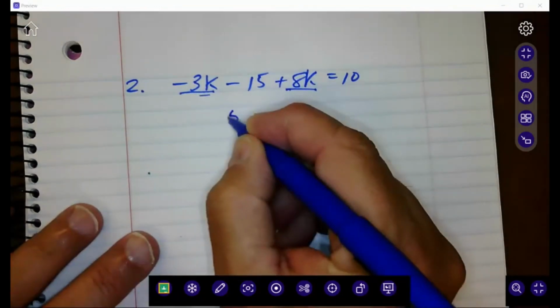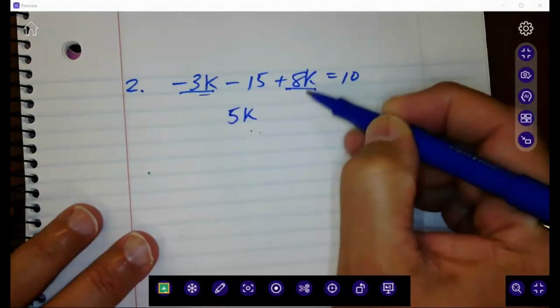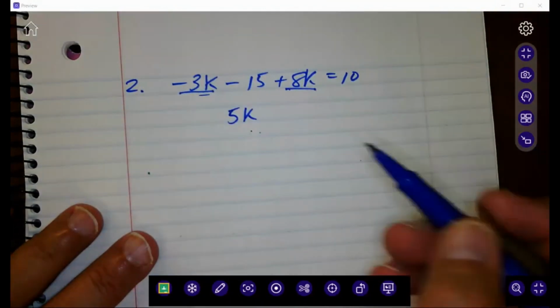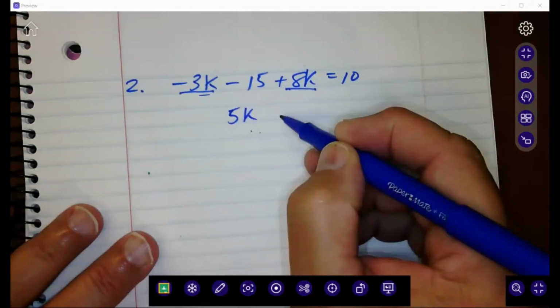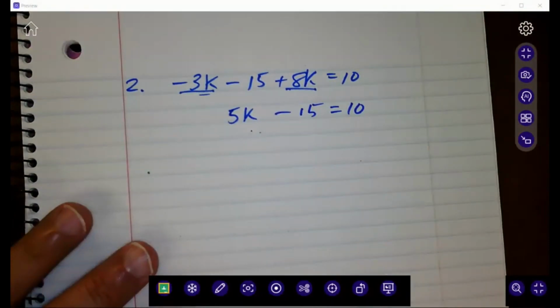Correct. 5k. So that negative 3k and positive 8k combined together give us 5k minus 15 equals 10.